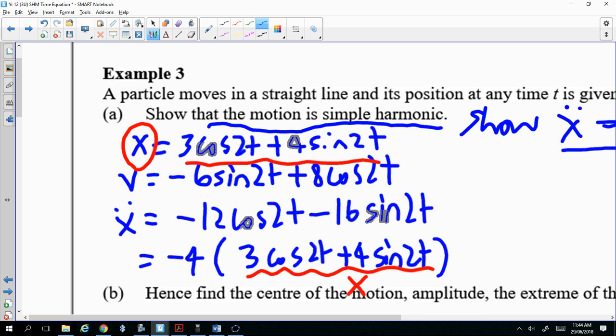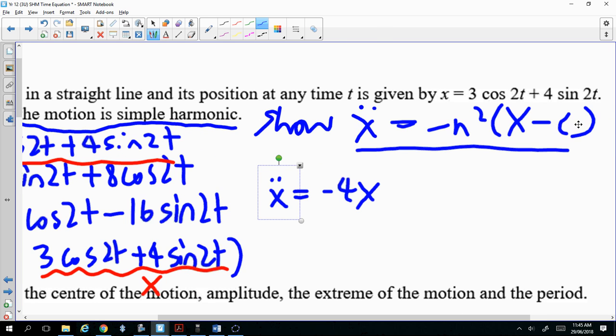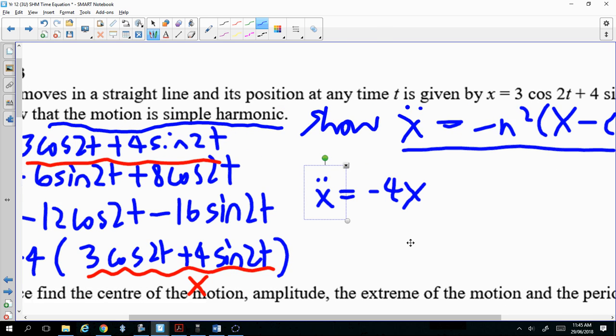So you write the conclusion. Therefore, the motion, you can use the shorthand for simple harmonic, is simple harmonic motion.